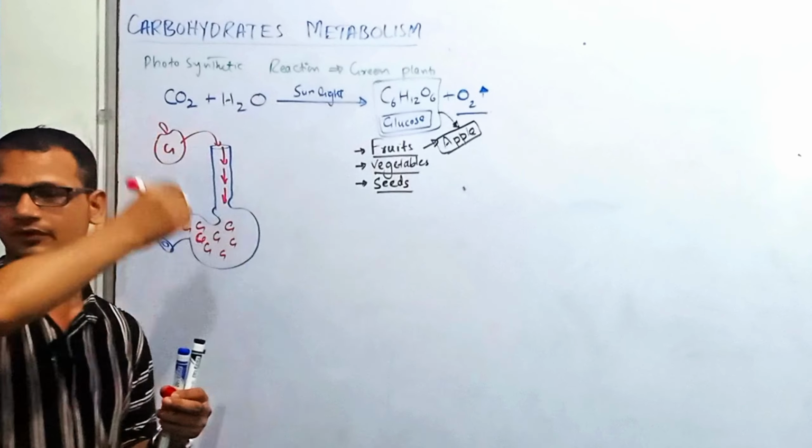liver. Why the liver? The liver is the main organ in the body responsible for any type of metabolism. I have discussed what metabolism is: the conversion of active things into non-active, or non-active into active, or toxic into non-toxic. This process is called metabolism.